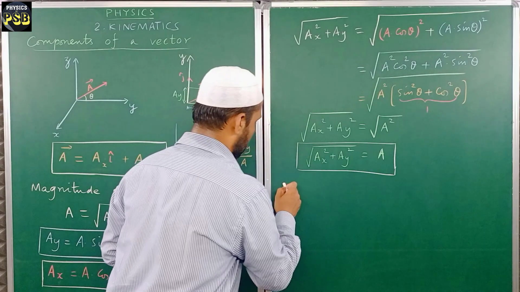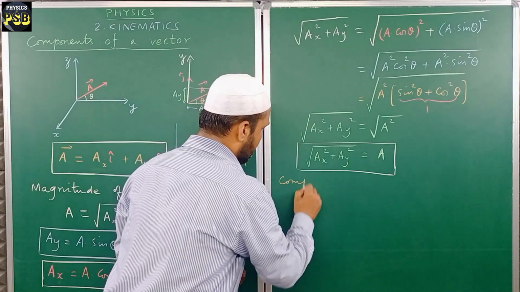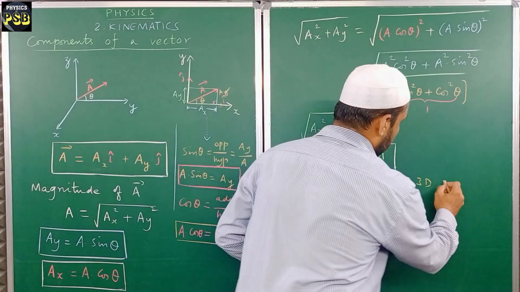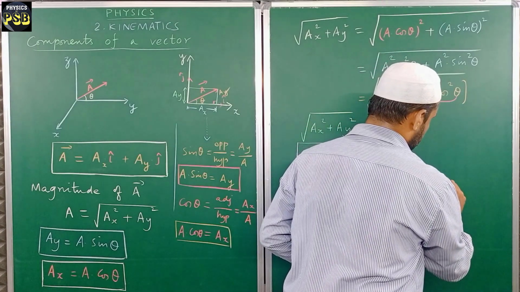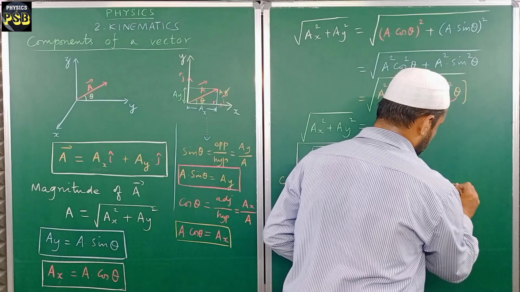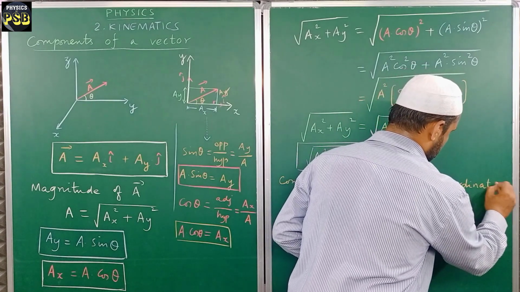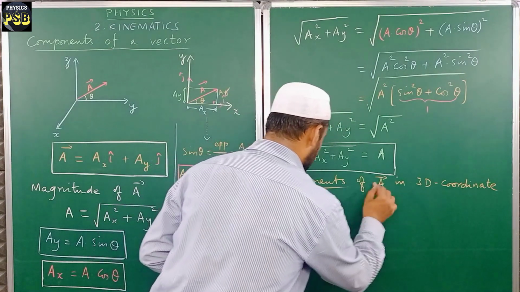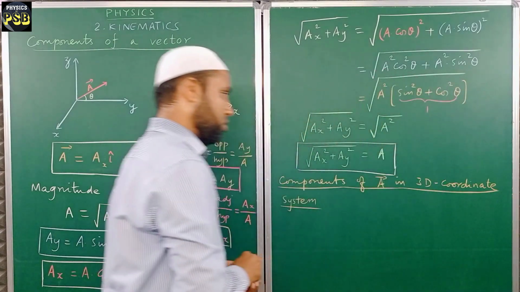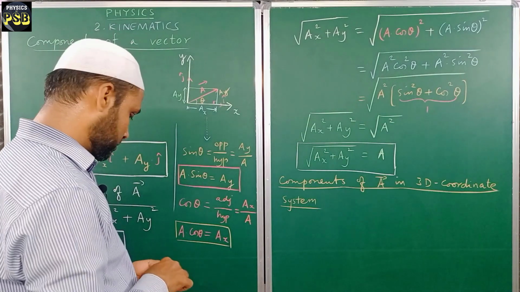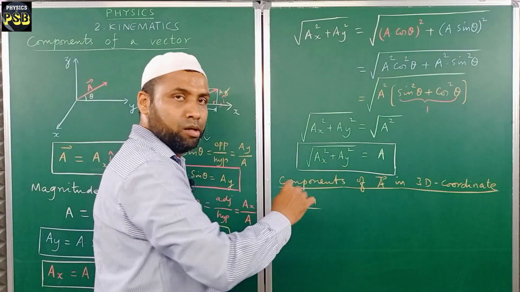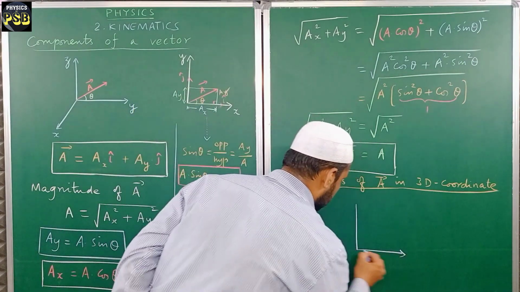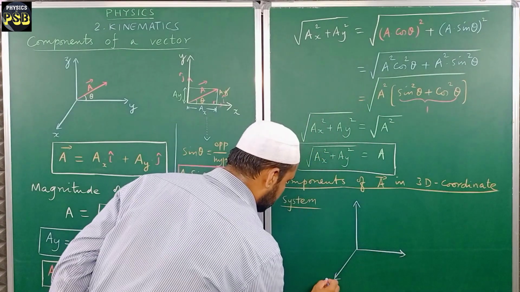Components of a vector in a three-dimensional coordinate system. Here is the x-axis.